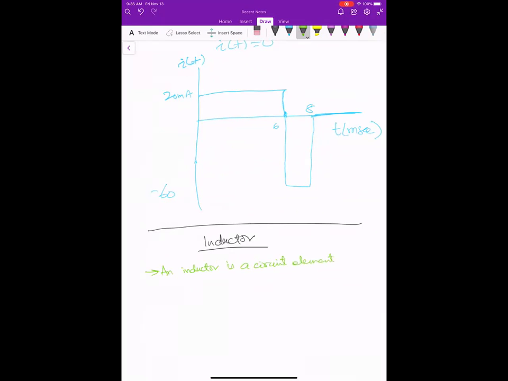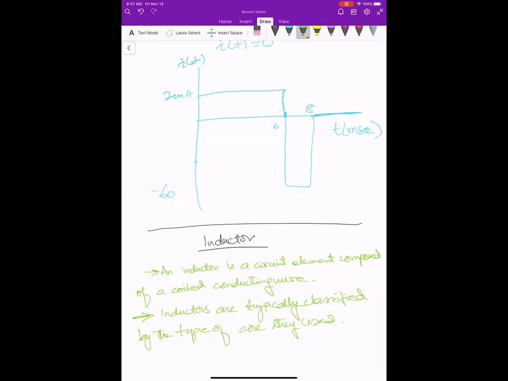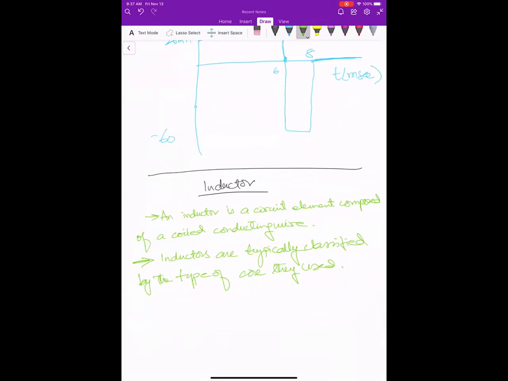composed of a coiled conducting wire. Inductors are typically classified by the type of core they use. So an inductor is actually normally a coiled wire.